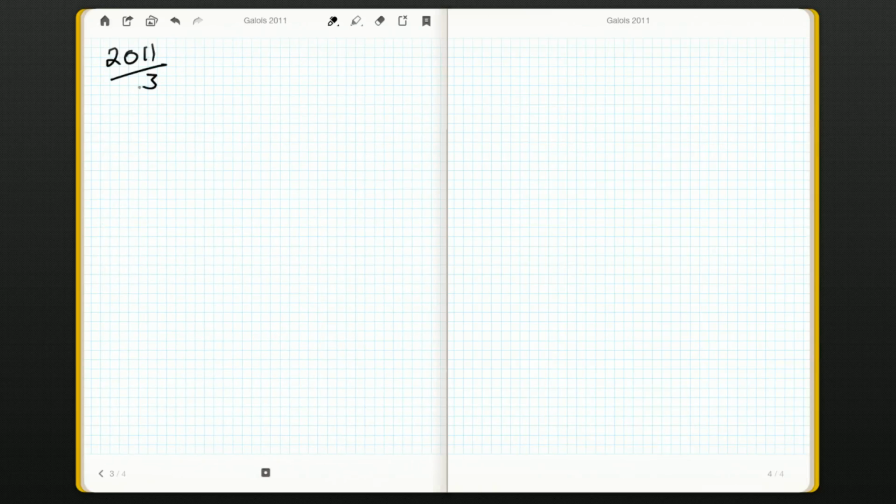So when we divide 2011 by 3, we get 670 with a remainder of 1. That's how I was always taught to do it, remainder of 1 like that.